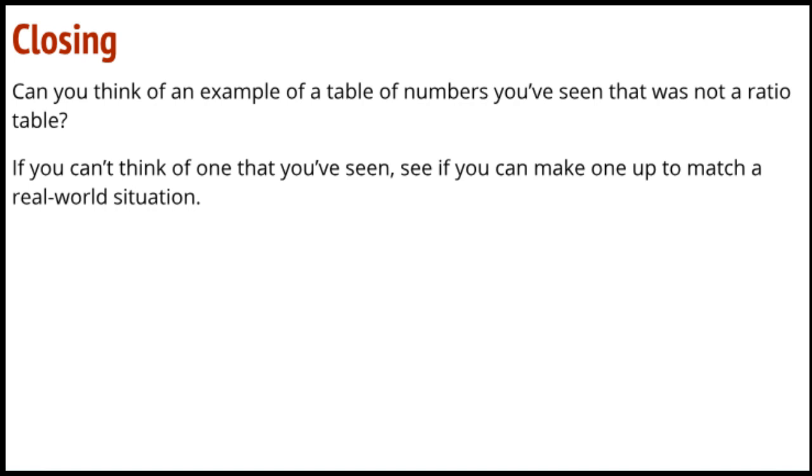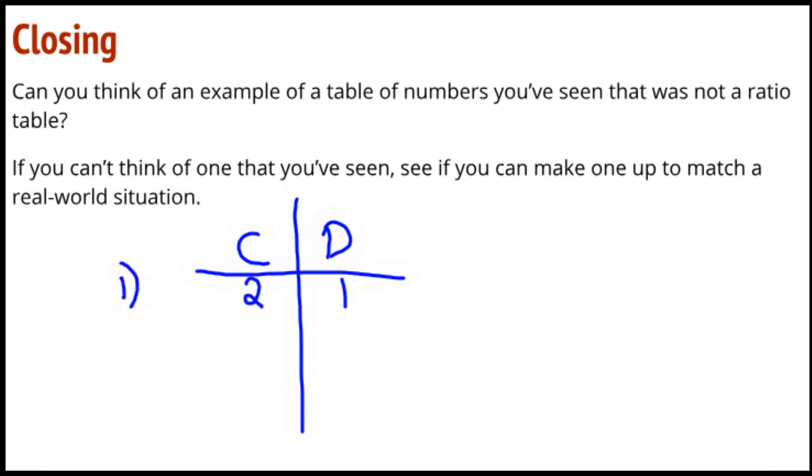Now, can you think of a table of numbers you've seen that was not a ratio table? Just because it is a table of numbers does not mean it is a ratio table. If we are going to say that it is a ratio table, we have to make sure that they all have the same value. So it's very possible, cats and dogs here, maybe person 1 has 2 cats and 1 dog, and person 2 has 3 cats and 1 dog, and person 3 has 1 cat and 2 dogs.